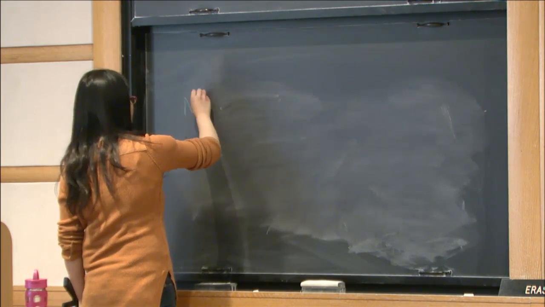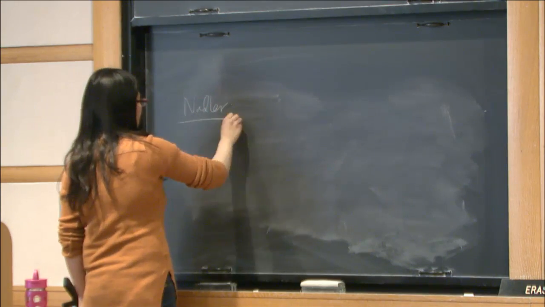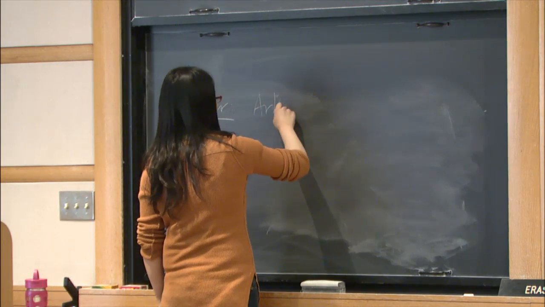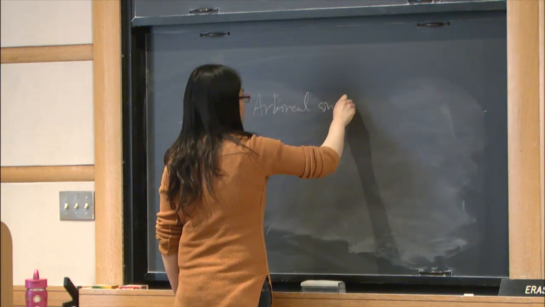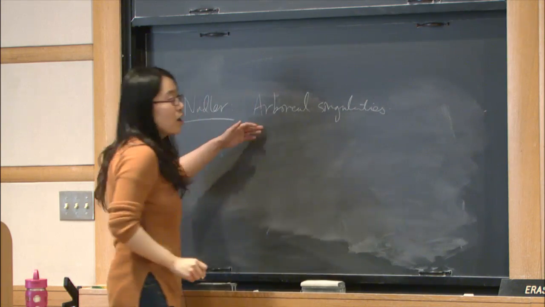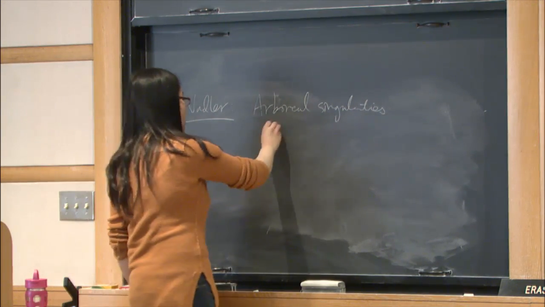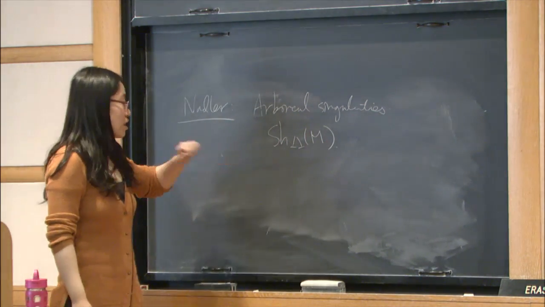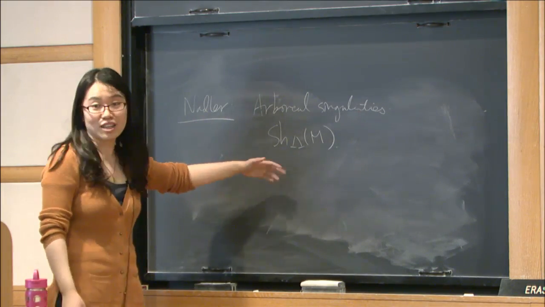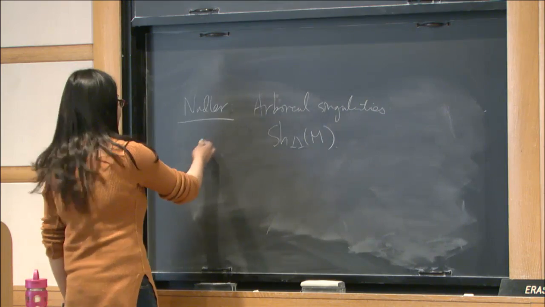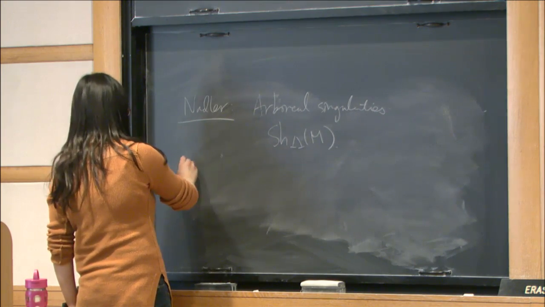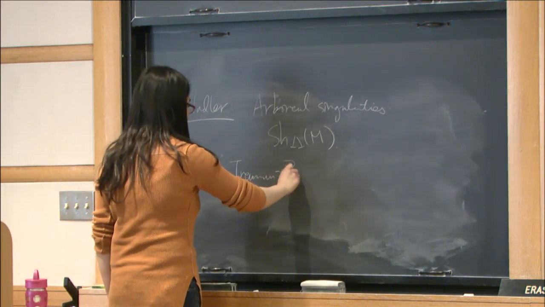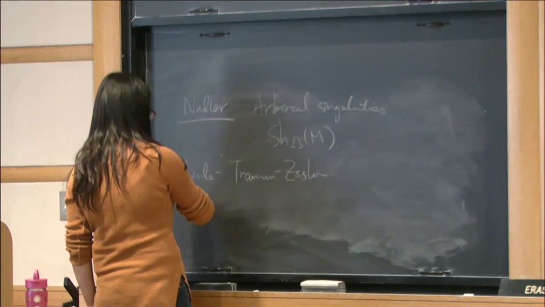So first, Nadler has developed a theory of arboreal singularities, with the goal of computing this Sheaf lambda M, or maybe the localized one, in general, and he has applied it to homological mirror symmetry. And there are also various collaborations of Shende, Treumann, Zaslow, and other collaborators.